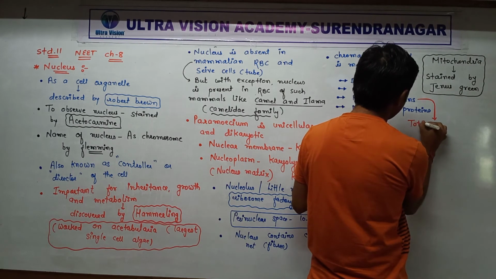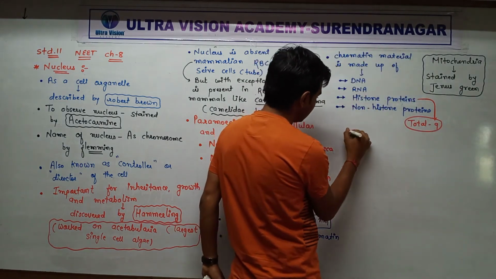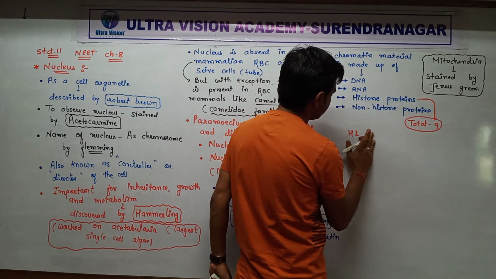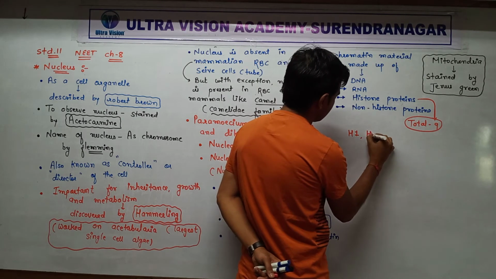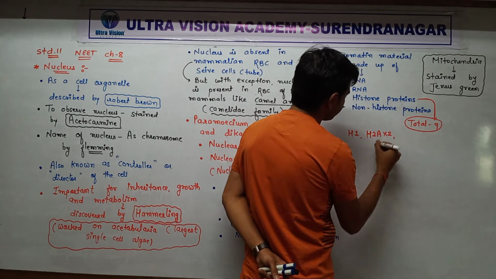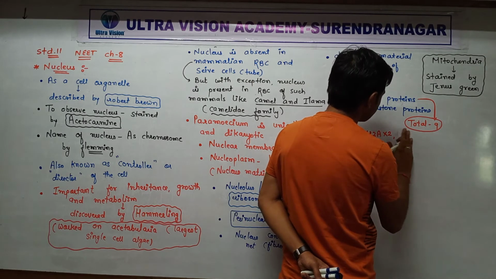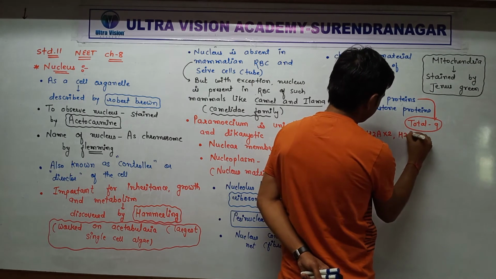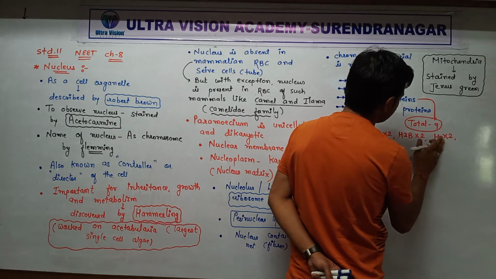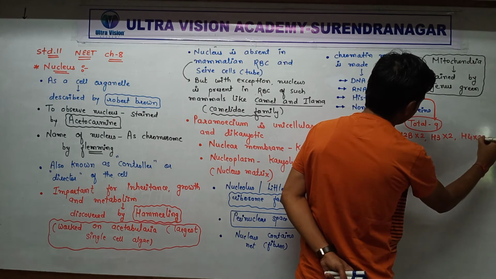Total 9 molecules. H1, H2A 2 molecules, H2B 2 molecules, H3 2 molecules, and H4 2 molecules.